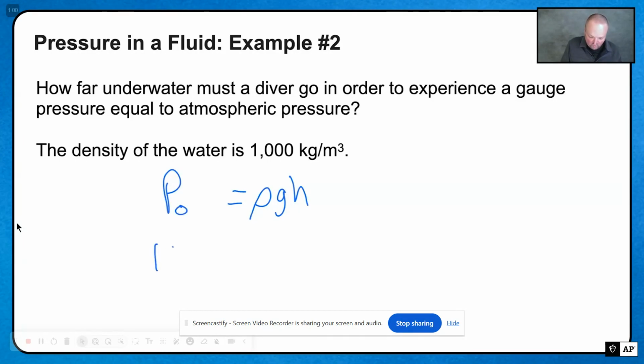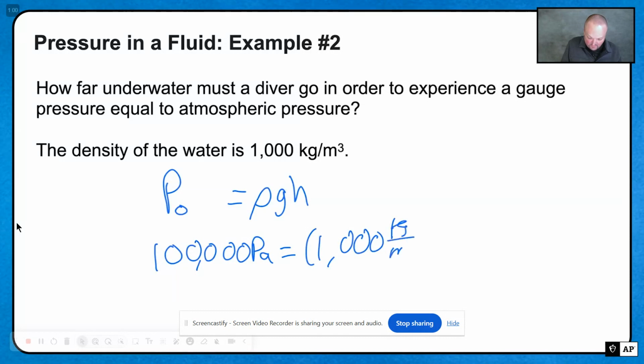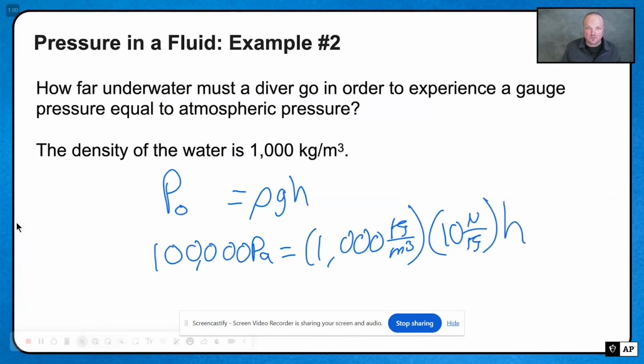So if that's 100,000 pascals, and my density is 1,000 kilograms per cubic meter, and my gravitational field strength is 10 newtons per kilogram, what depth do I need to go to? If I get rid of some of these zeros, I notice that my depth is 10 meters.